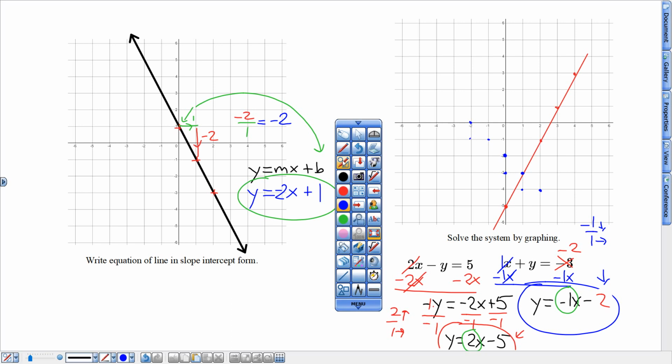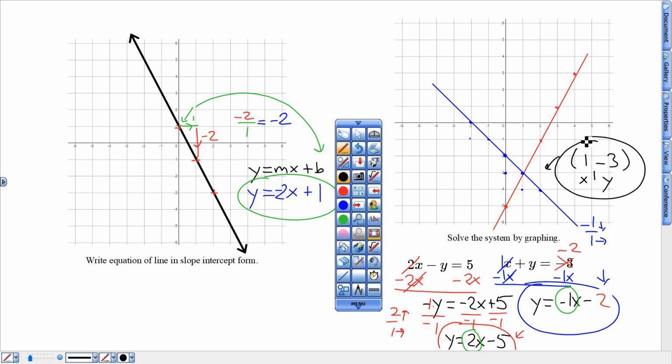Draw a line through those. All right, now right where that line intersects, it intersects right here at 1, -3. So again, make sure you make that change to -2. That was my mistake. I wanted it to intersect at 1, -3. All right, let's keep going.